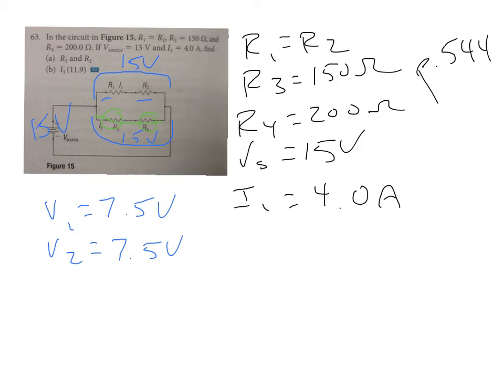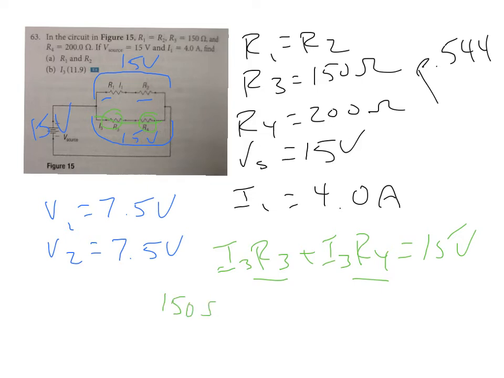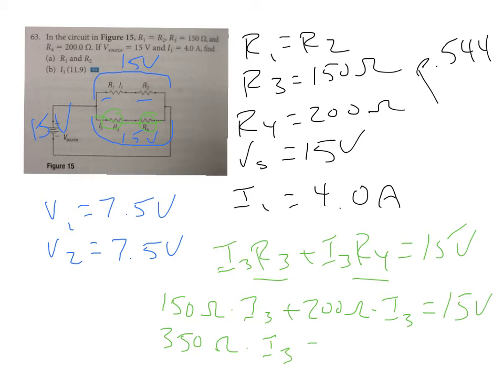So I write that out as I3 R3 plus I3 R4 equals 15 volts. And these values, R3 and R4, were given to us as 150 ohms for R3 and 200 ohms for R4. So essentially I'm looking at 150 ohms times I3 plus 200 ohms times I3 equals 15 volts. Doing a little math, I see that 350 ohms times I3 equals 15 volts.